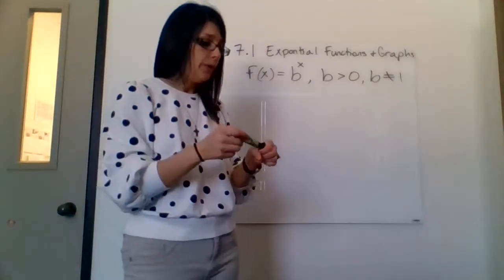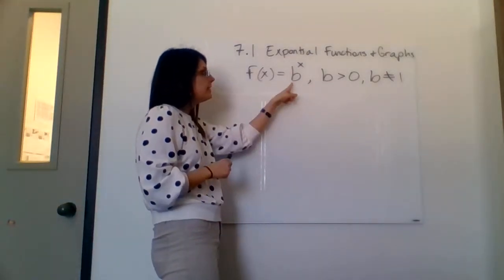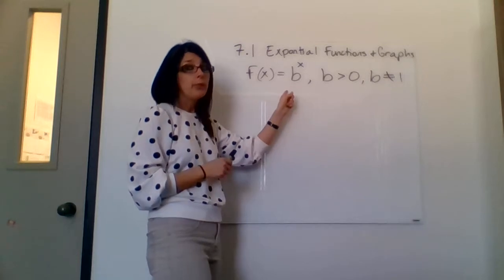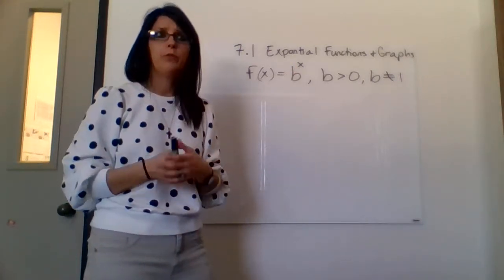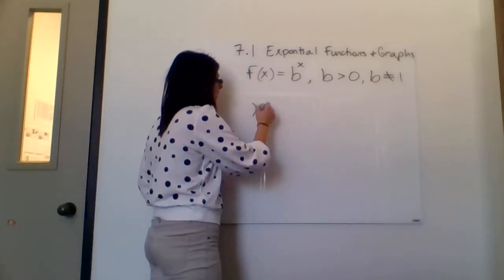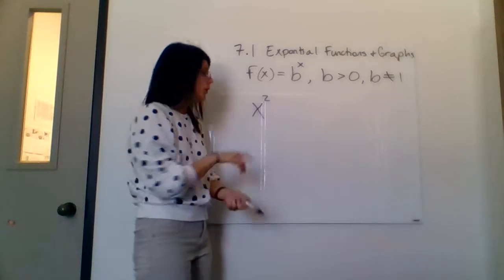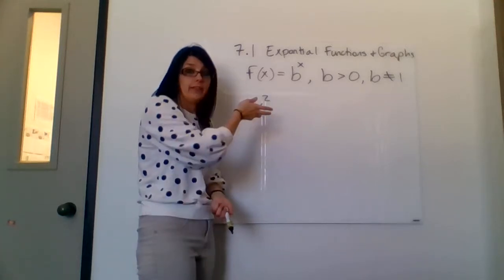The big idea to take away from this, though, is with our exponential functions, the base is going to be an actual number and our power is the exponent, which is the reverse of what we saw with the quadratics. With a quadratic, we would have x squared, right? And so our base would be a variable and the power would be the number.